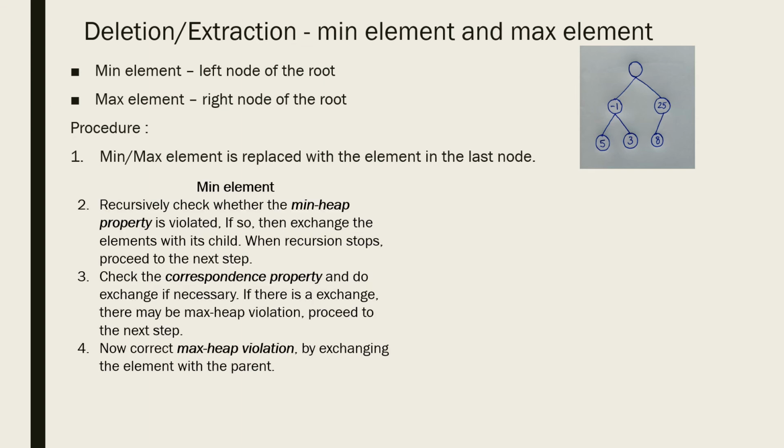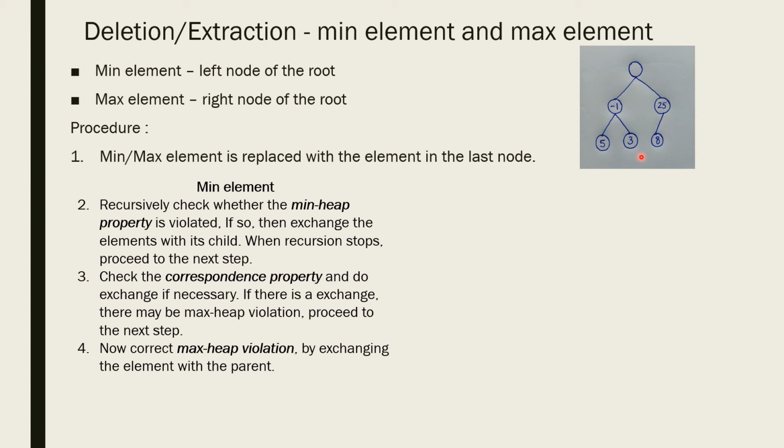Now coming to the min element deletion. The first step is that we delete the minimum element and replace it with the last element. The next thing to keep in mind is that when we replace it with the last element, the min heap will be disturbed. So we have to continuously check whether the min heap property is violated. If it's violated, we have to exchange, and we repeat this till the property is not violated at all.